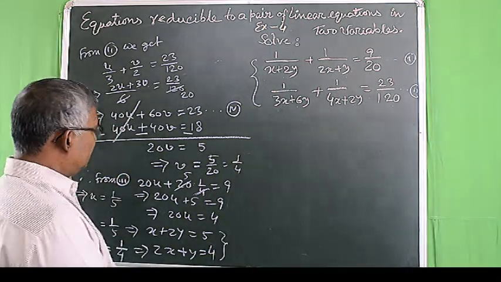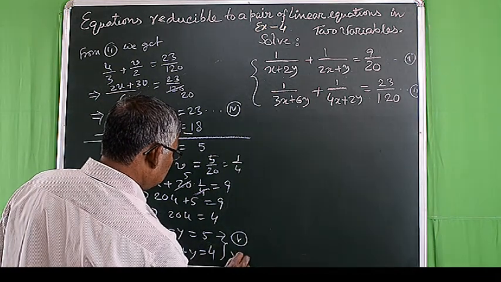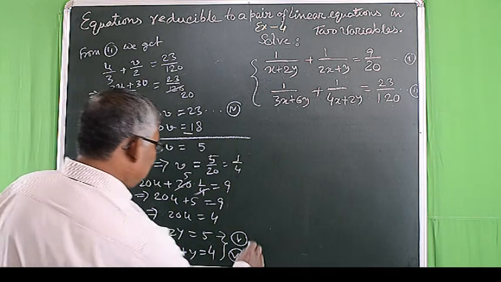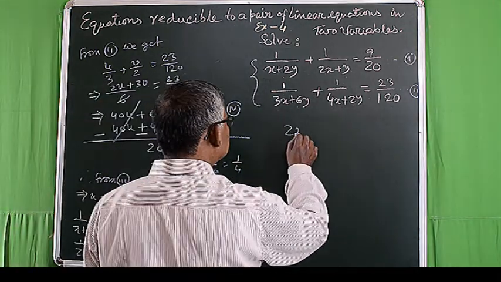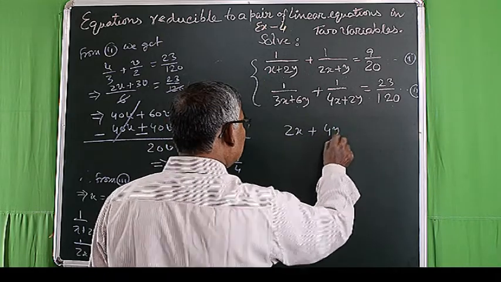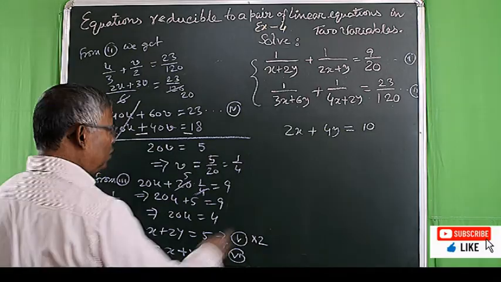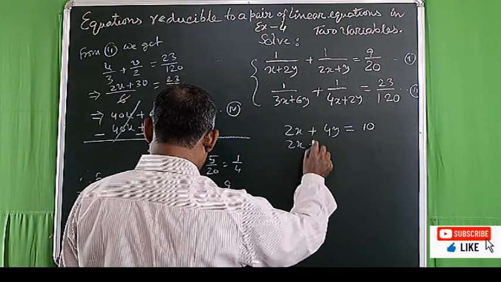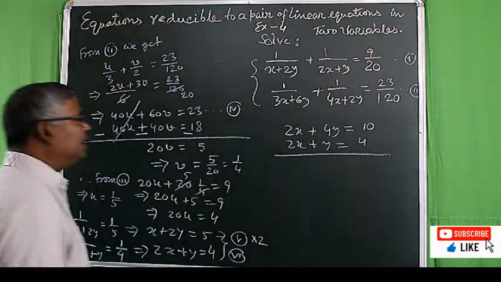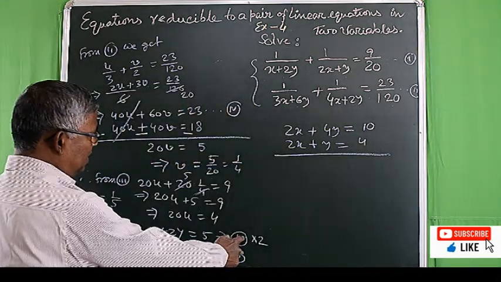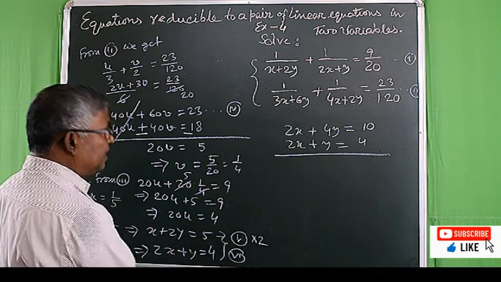Students, let us consider the equations as 5 and 6. Now multiplying the equation number 5 by 2, we can write it is 2x plus 4y equal to 10 and 2x plus y equal to 4. We are simply subtracting equation number 6 from equation number 5.